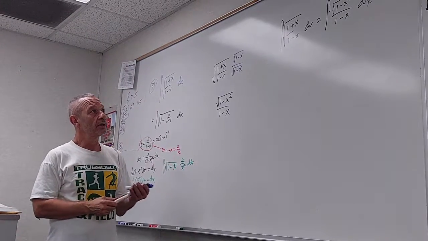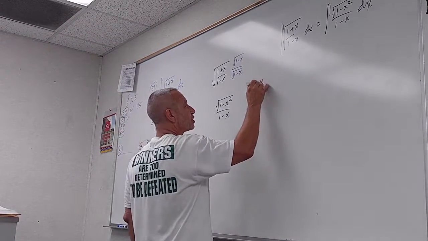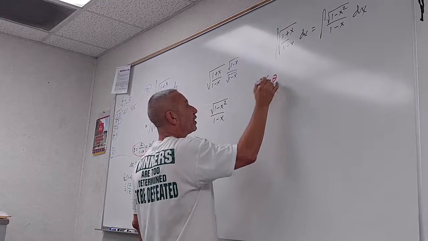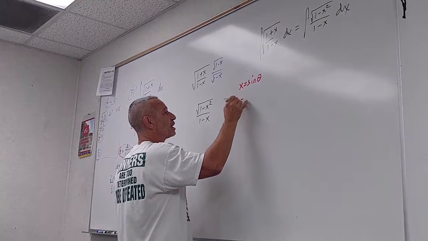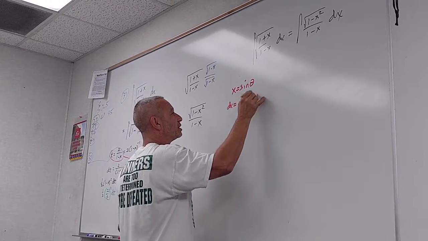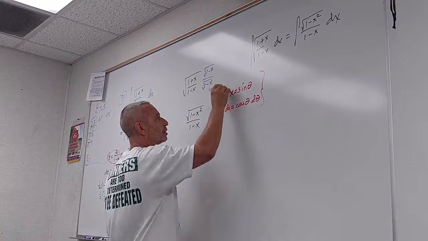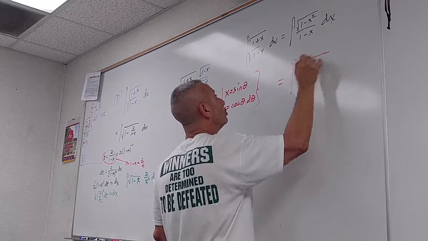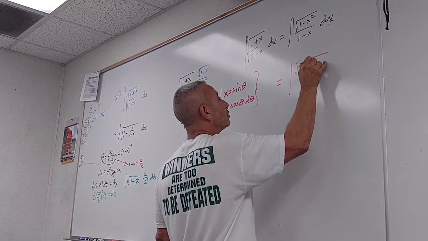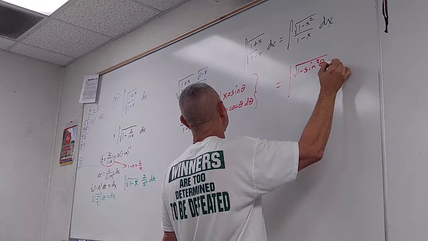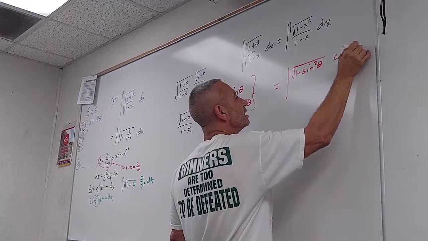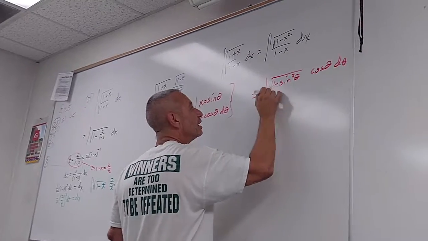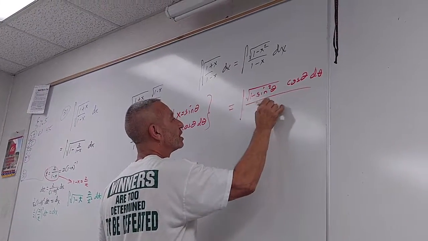Let's try x equal to sine theta. Then dx is cosine theta d theta. And we get the integral of square root of 1 minus sine squared, times cosine theta d theta, and in the denominator, we have 1 minus the sine.